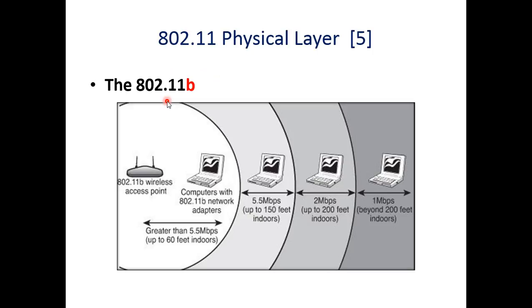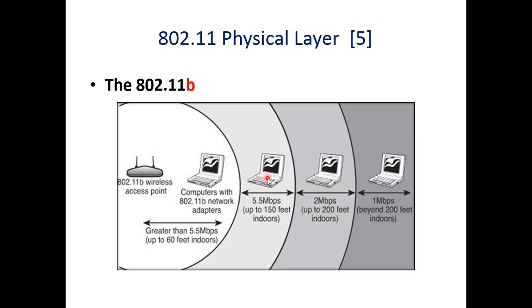Now 802.11b is the first wireless standard that came into the market. Make sure 802.11a came after 802.11b. So this figure makes all this clear. There is an 802.11b wireless access point, and some computers present in the network. If your computer is near, within range, then you can get probably good speed.